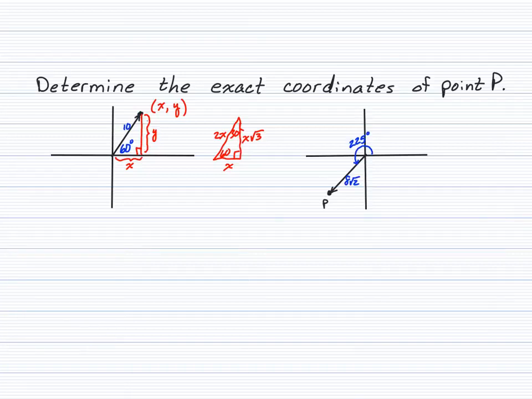And so in this situation, the hypotenuse is 10, which means x would have to be half of that length, and then y would be the square root of 3 times this.